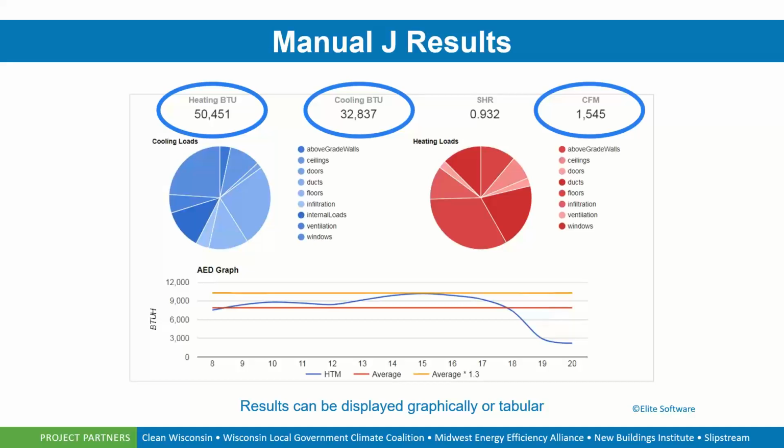The results from the software analysis can be in a myriad of things. Can be bar graphs, can be pie charts, can be just numbers. So those reports can be generated in all of those formats and more, and may differ slightly based on the software package. But we can see with this representation of the heating load where the portions are going to above grade walls, how much percentage of heat is lost through our ceilings, through our doors and windows, our ductwork, and so forth.